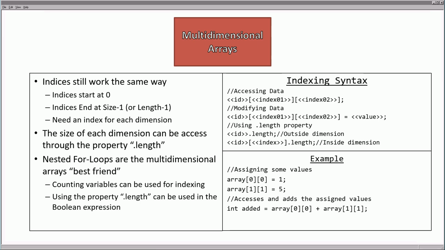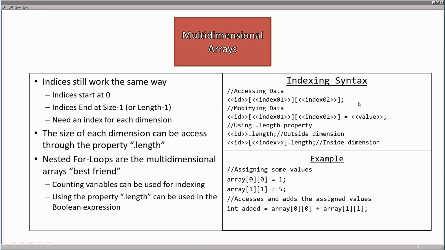Indices for multidimensional arrays work in the exact same way. We always start at index 0, and the last valid index is the size or the length minus 1. Whenever we're indexing into multidimensional arrays, we must make sure that we index for each one of the dimensions.